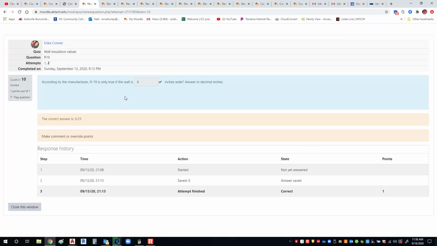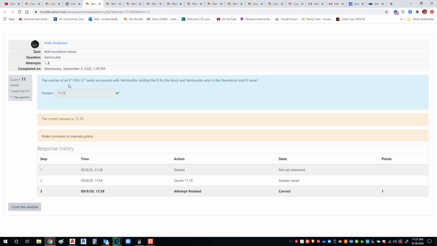What I wanted you to understand is this is a little bit confusing. Yes, we use this for a 2x6 wall, but we can only get R19 if we have a full 6 to 6.5 inches of space there. And a 2x6 stud is only 5.5 inches wide.